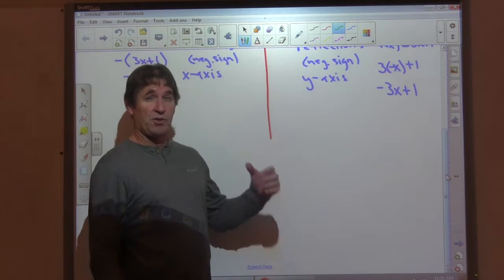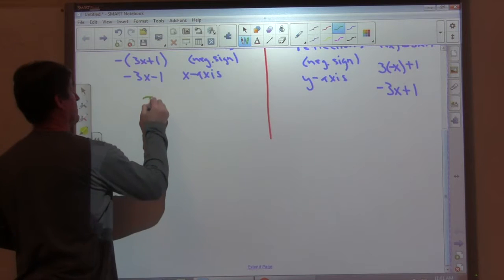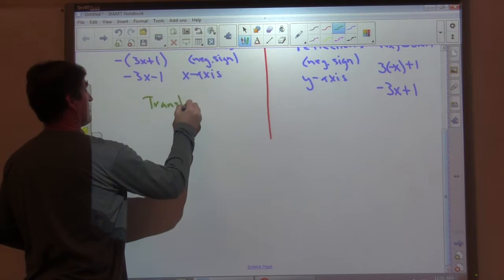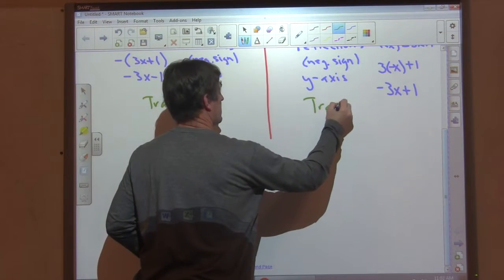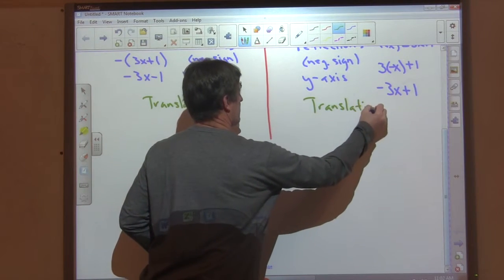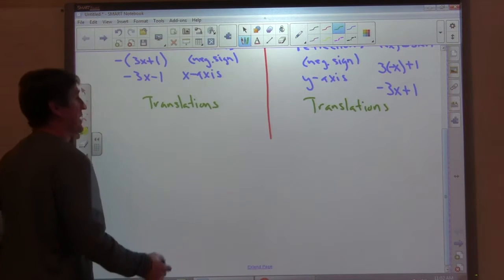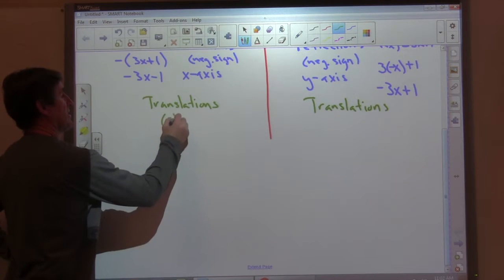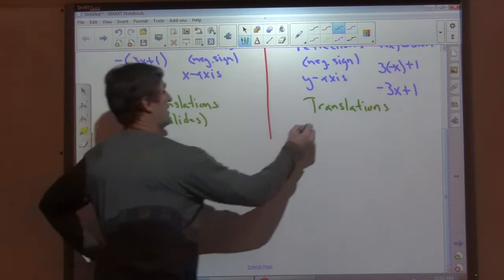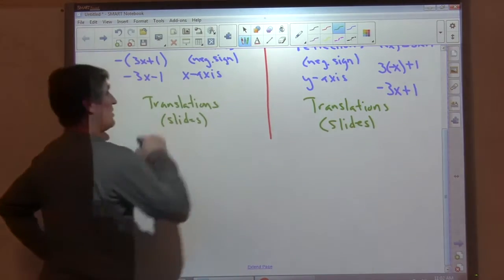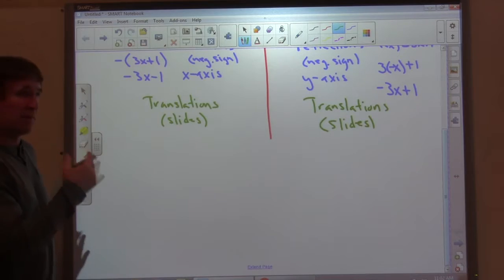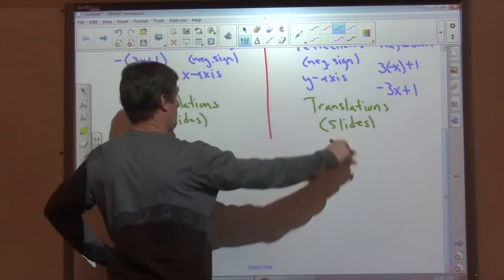So next let's do translations. Translations are slides. And again, if it's vertical, which we're doing over here, that moves it up and down, and horizontal moves it left and right.